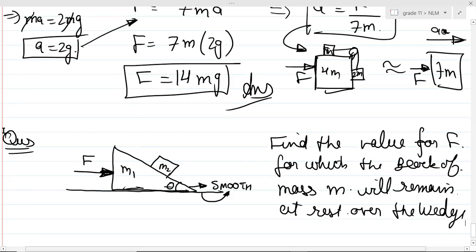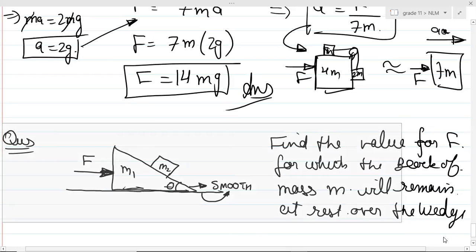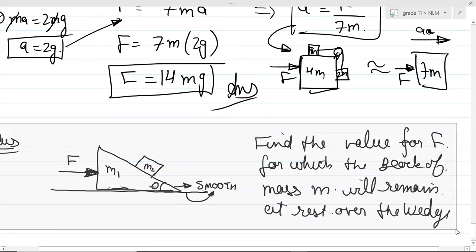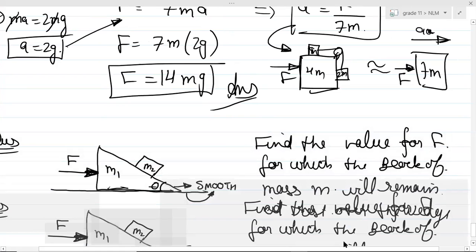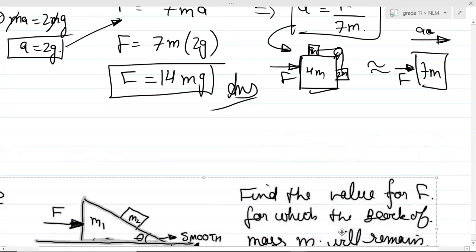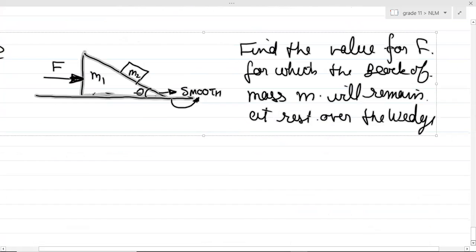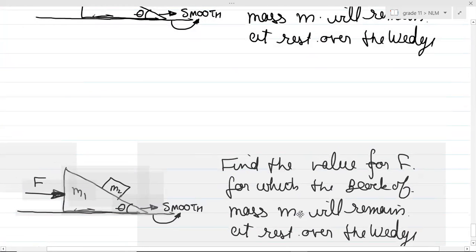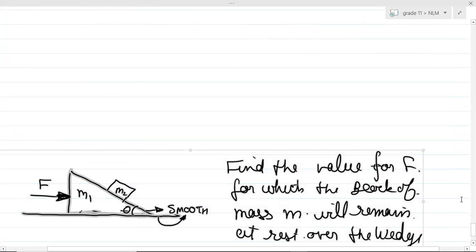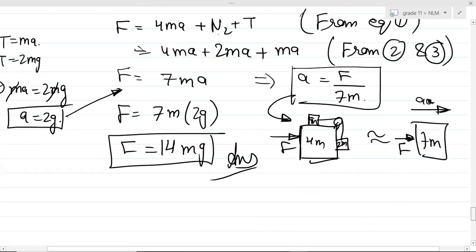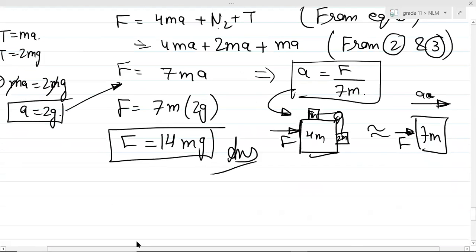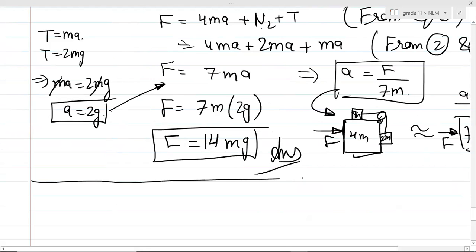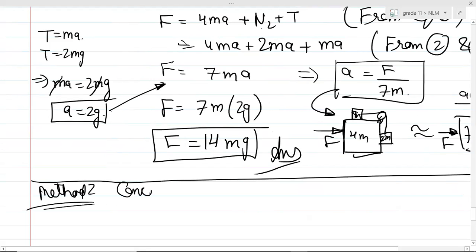Don't write this question as of now. I was teaching you with the help of pseudo force how you will do it. So method 2, with the help of the concept of pseudo force.